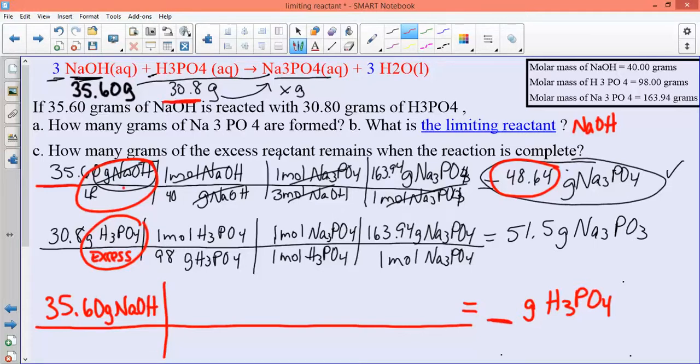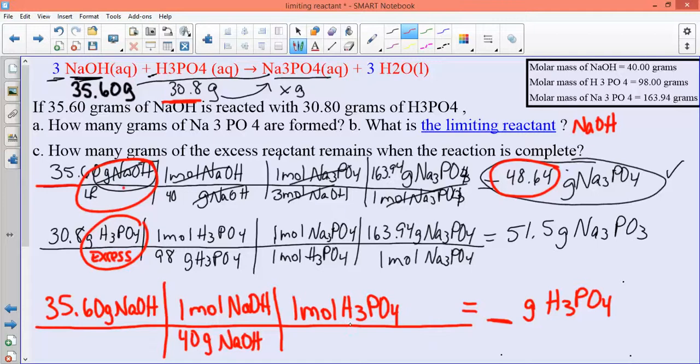Subtract those. So change it to moles, and 1 mole of sodium hydroxide, there are 40 grams. That's the molar mass. Do a mole ratio between phosphoric acid, which is 1, these are the coefficients, and 3 moles of sodium hydroxide.